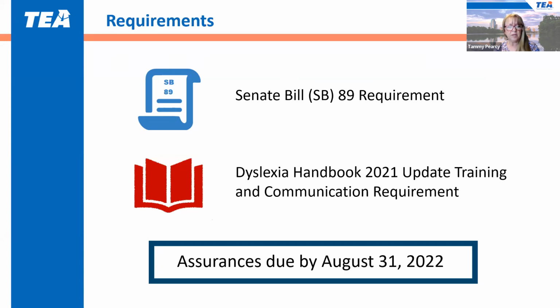You'll be seeing next Thursday, I believe the date is March 31st, a TAA letter issued from the agency outlining these assurance requirements and the legal authority behind it, and what we're having to do as a state to make these assurances via each of you LEAs to either meet the requirements from SB 89 or to meet some OSEP monitoring requirements around the dyslexia handbook release and updates.